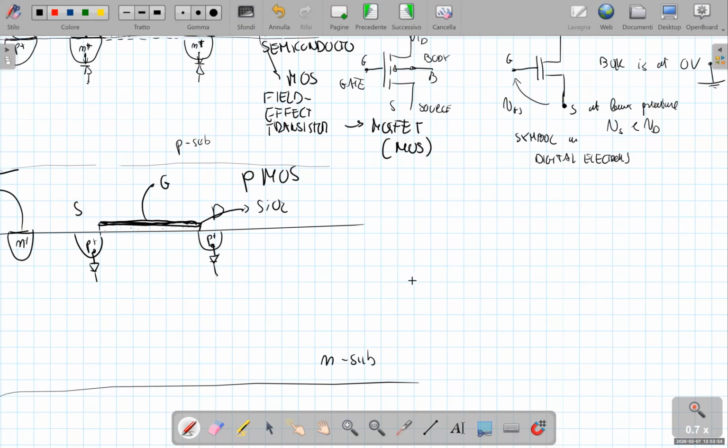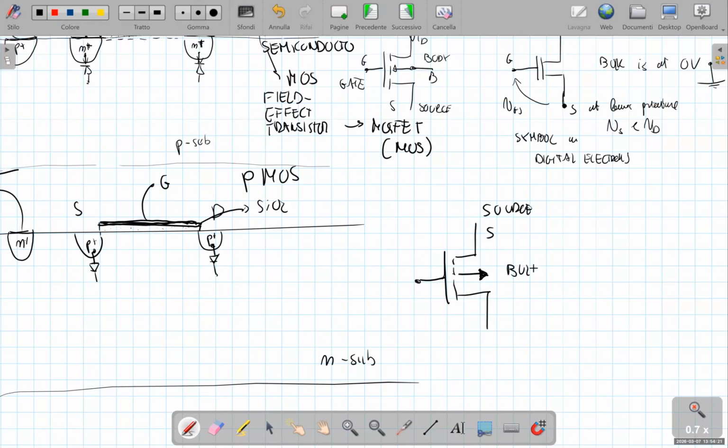The symbol in this case is similar to the previous one, but the arrow that represents the bulk is in the opposite direction. Another difference is that the terminal at the higher potential is now the source. So here we have the source.